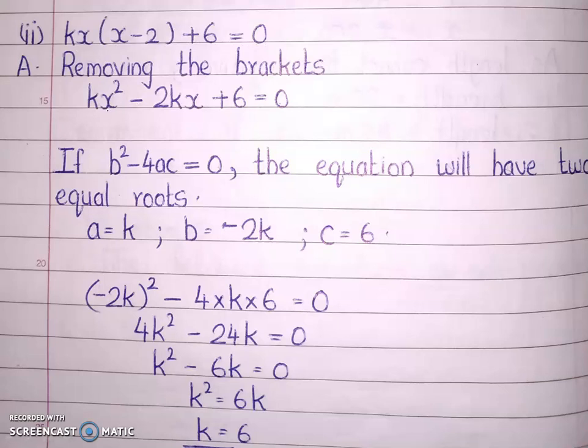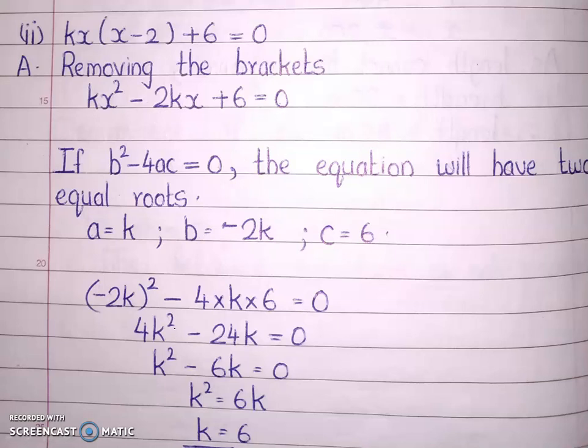Kx into x is kx square. Kx into minus 2 is minus 2kx plus 6 equal to 0. What is the condition of having two equal roots? B square minus 4ac equal to 0. Here a is k, b is minus 2k, c is 6.